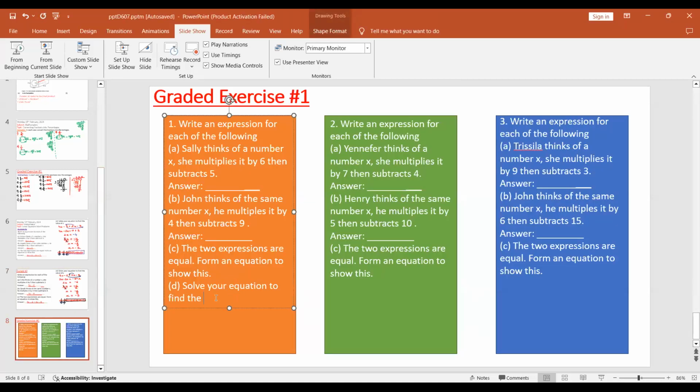Define the value of x. Thank you, Ricardo, that's so true. We need D as a part of it. Good catch.